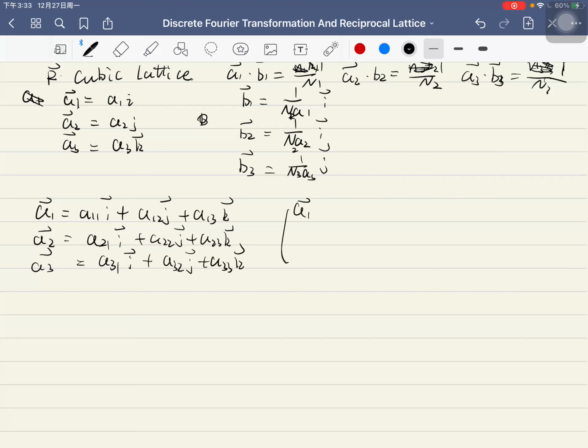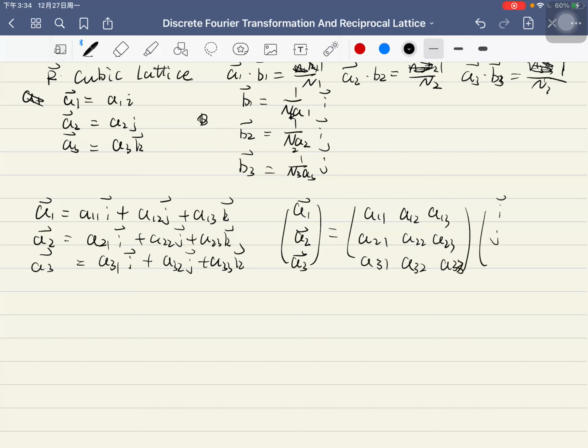So a1, a2, a3 can be written in the matrix form with a11, a12, a13, a21, a22, a23, a31, a32, a33 times i, j, k.